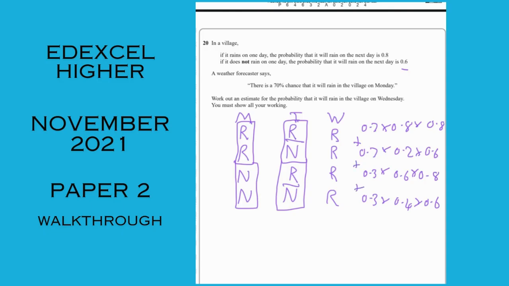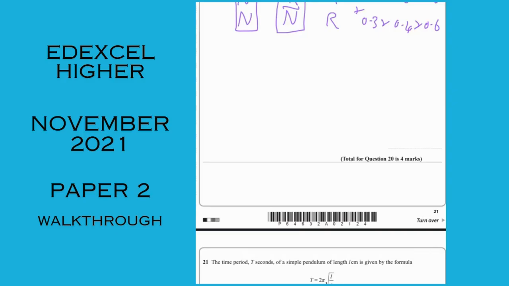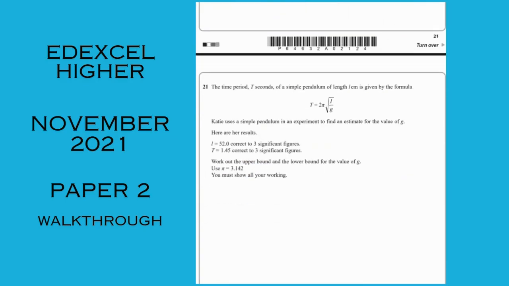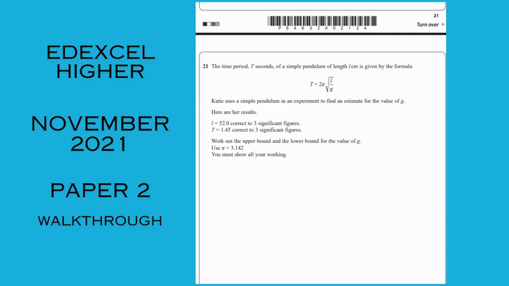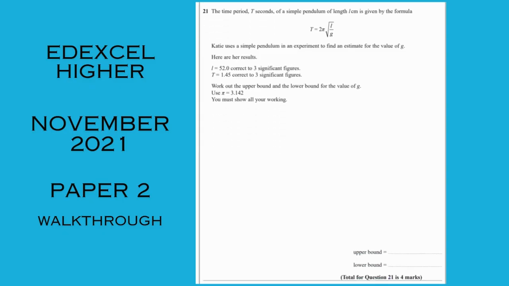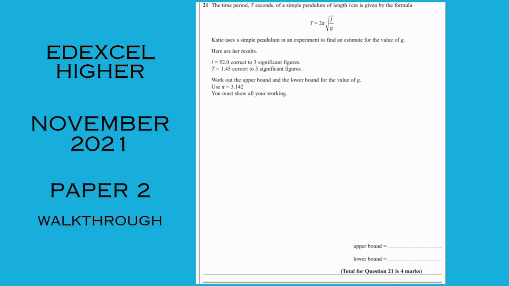Stick some brackets in, do it all in one go. I get 0.748.